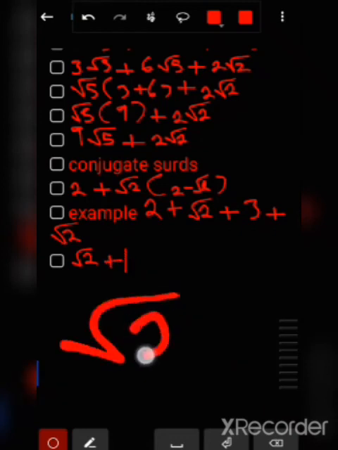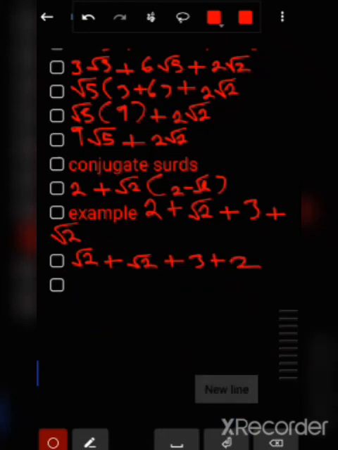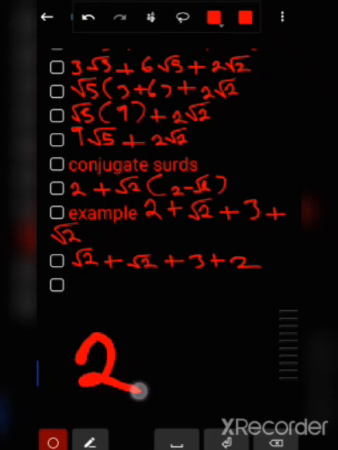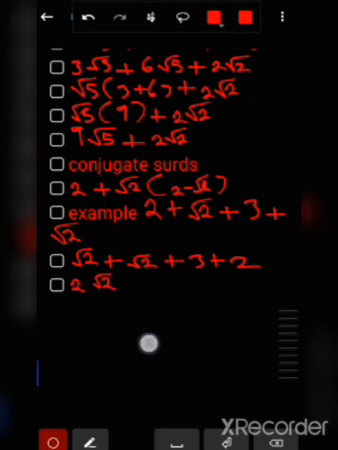Let's say you have the root of 2 plus the root of 2 plus 3 plus 2. Then work out this. I've done explaining the basics, so I'll just be going direct. So that answer there is 2 root 2 when you add the root of 2's, plus 5. So that's your answer. This is how you can go about addition of surds.